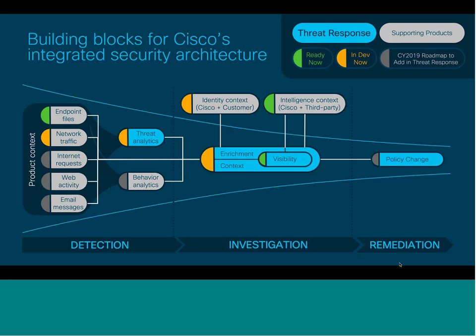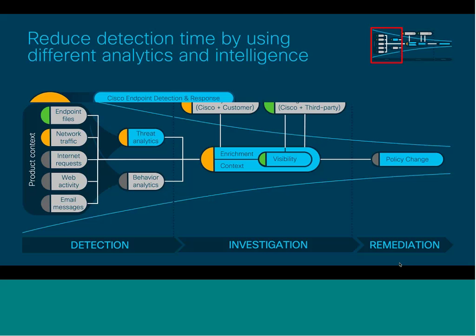So that's kind of what I want to set up for you in terms of the work that we'll be doing over the next year to figure out how to get from a detection to remediation with speed.